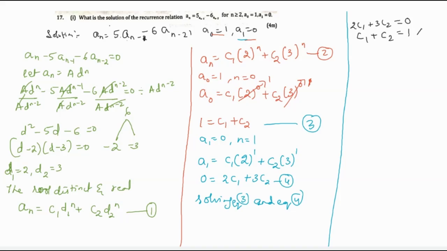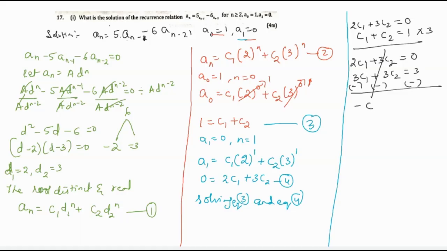If I want the elimination method, I should multiply the first by 3. So 3c1 plus 3c2 equals 3, and 2c1 plus 3c2 equals 0. Now if I change the sign and subtract, this will get cancelled. 3 minus 2 gives c1, and 3 minus 0 gives 3, so c1 equals 3.